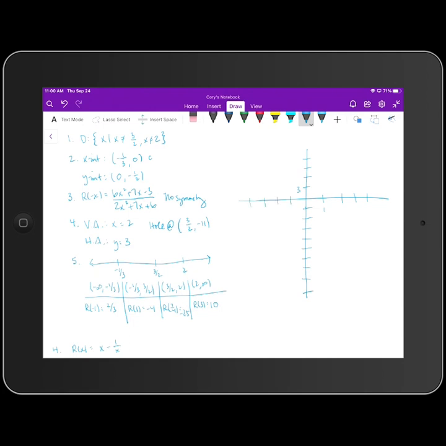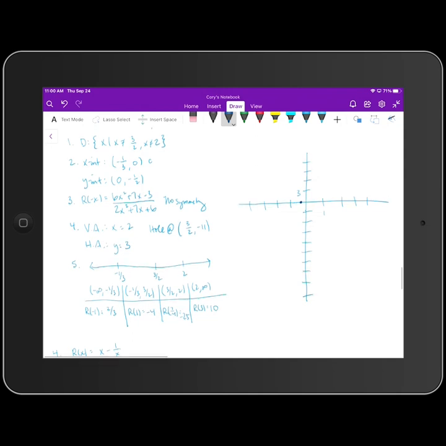Okay, so we're going to plot our information from steps 2 and 4. So we have an x-intercept at negative 1/3, 0, which is that point right there. We have a y-intercept at 0, negative 1/2. Okay, so again, don't forget your scale in the y direction is 3.